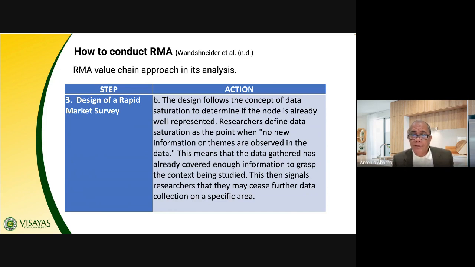But how do we know that we have interviewed enough, who are representative of the entire node of the respondents? The technique is like this, based on experience. You interview maybe one, two, three, four, at the fifth interview, maybe the sixth, the seventh, and then observe the trend of the data.